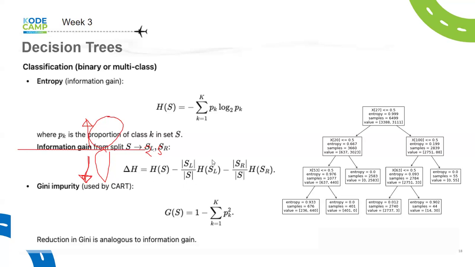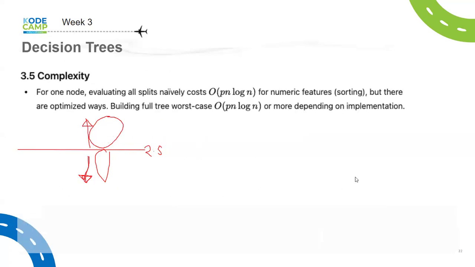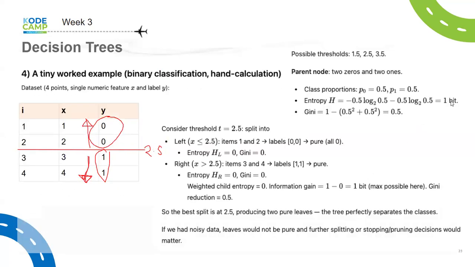So the original entropy minus left entropy minus right entropy, or rather the proportion of the left entropy and the proportion of the right entropy. So if you look at this again, you find that, of course, the original entropy is 1, which we have here. Then the left entropy is 0, the right entropy is 0. So 1 minus 0 is 1. And that's how you get that.